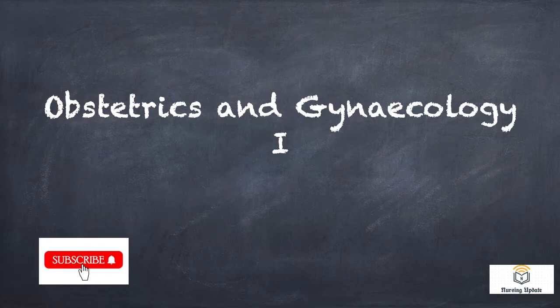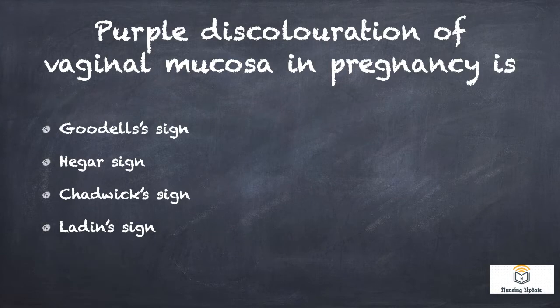Let's move on to the first MCQ of today's video. The first MCQ is: purple discoloration of vaginal mucosa in pregnancy is known as? If you see physiological changes in pregnancy, it's one of the vast topics. In that vast topic, the most important points are the signs.